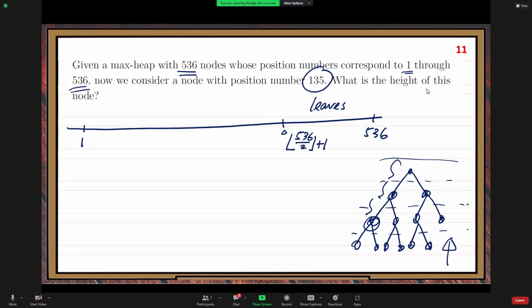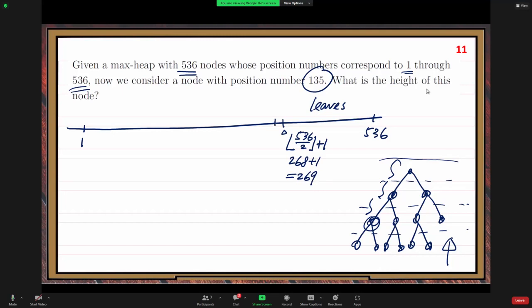So what's that? 268, right? 268 plus 1 equals 269. So that's the leaves.